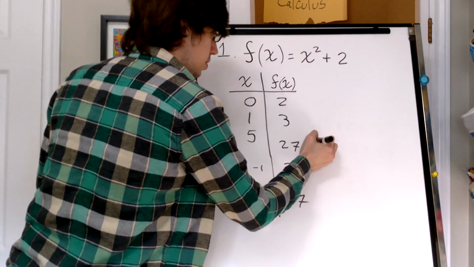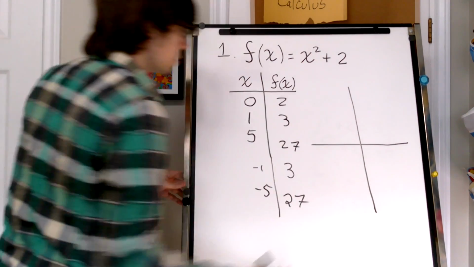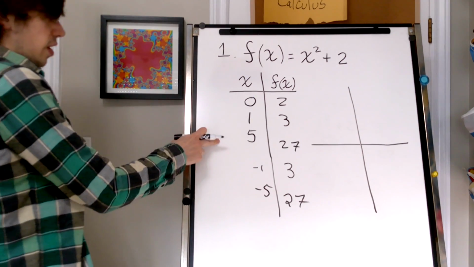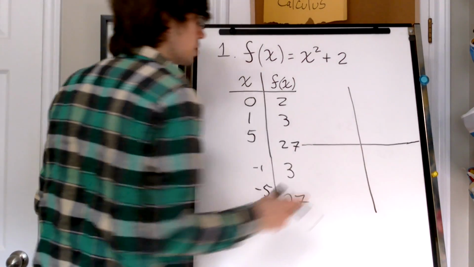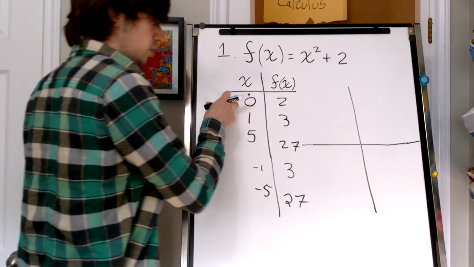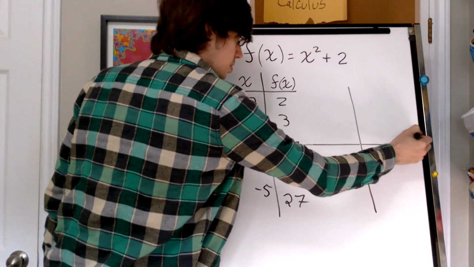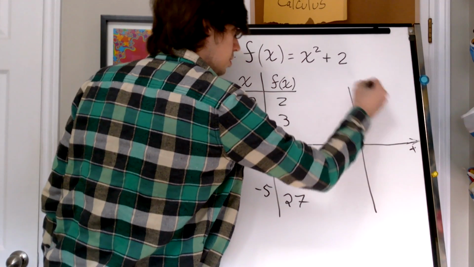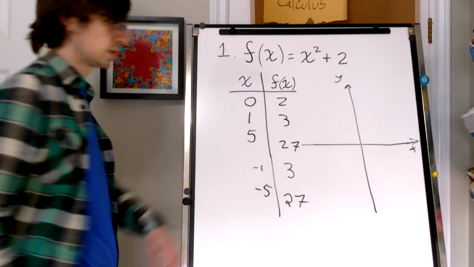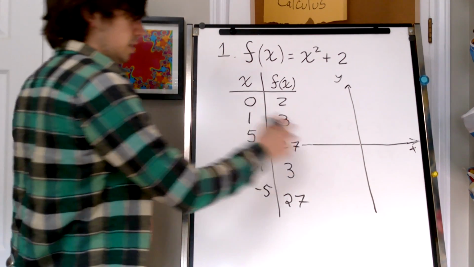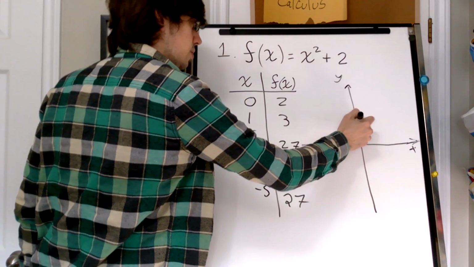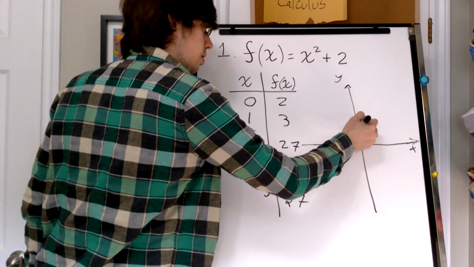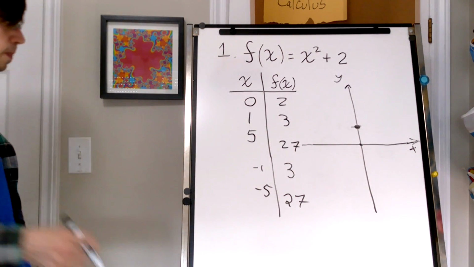if we were to graph this, at x equals 0, this is x, this is y. At x equals 0, y equals 2. So we have a bump there.